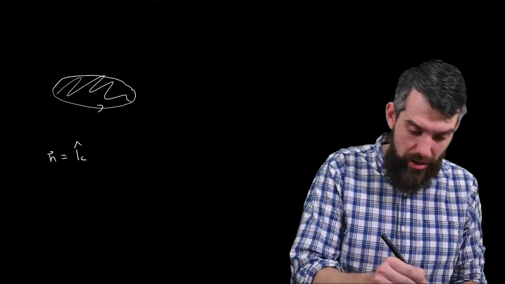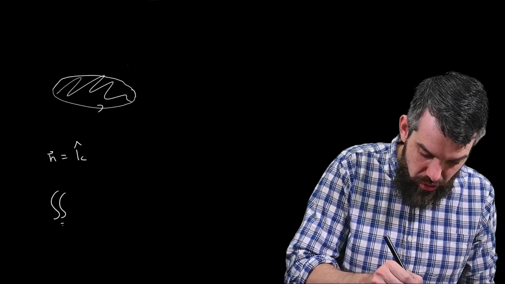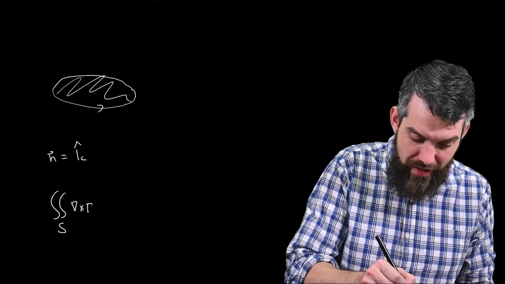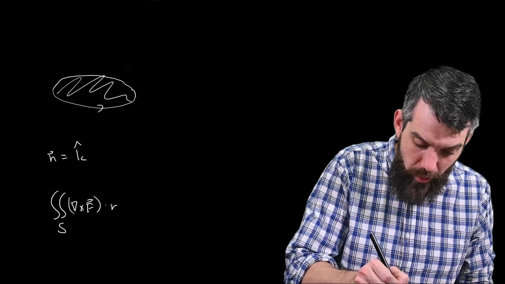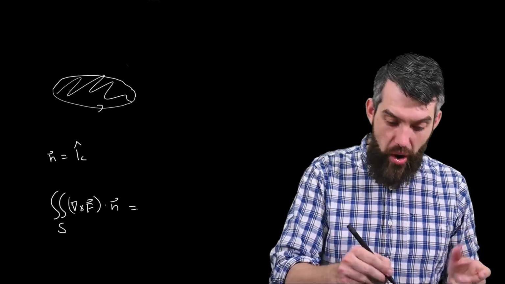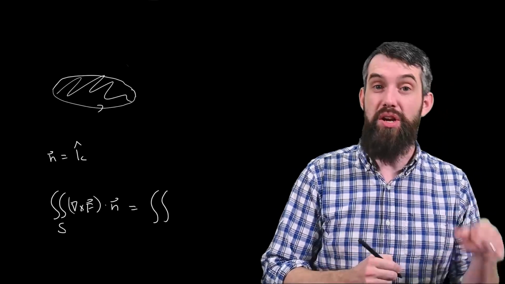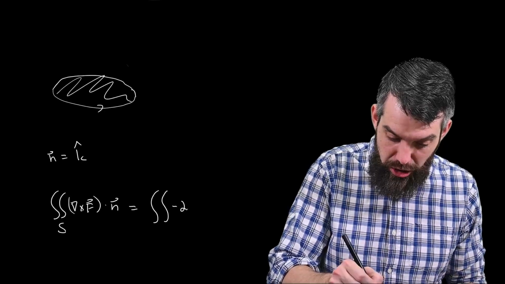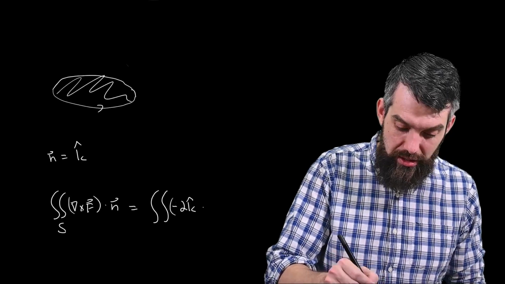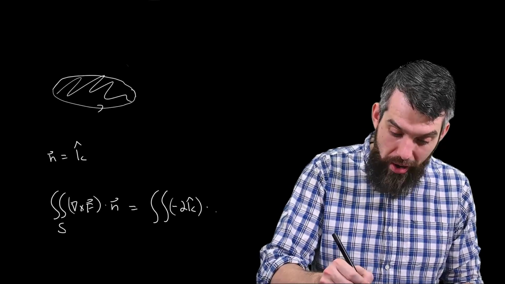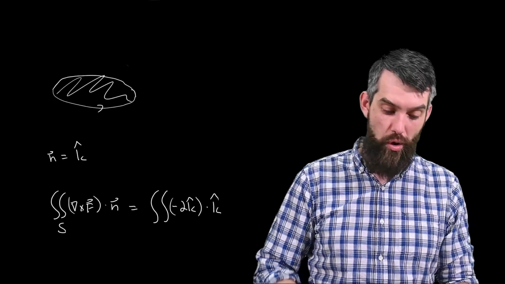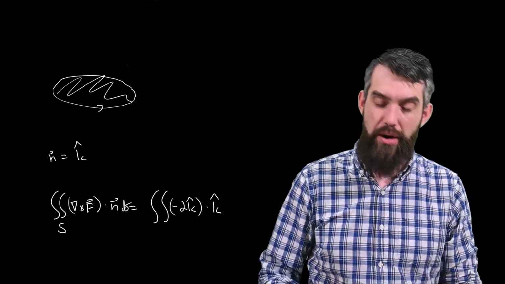And so, well, let me try and do my surface integral now of the curl of f dotted with n. Well, we've already shown that the curl of f was just minus 2 in the k hat direction. So that's what the curl of f is. Dotted with k hat, so that's going to be my normal. Oh, I forgot my d sigma here.